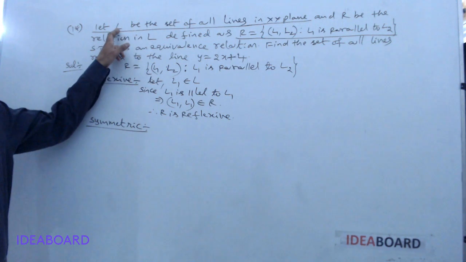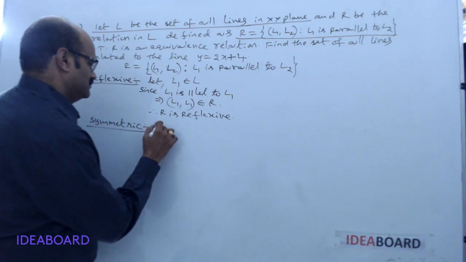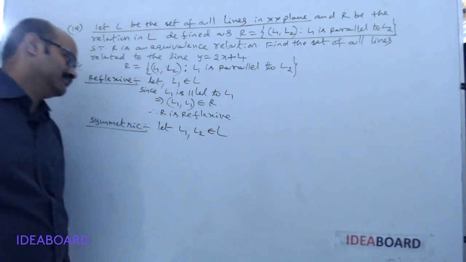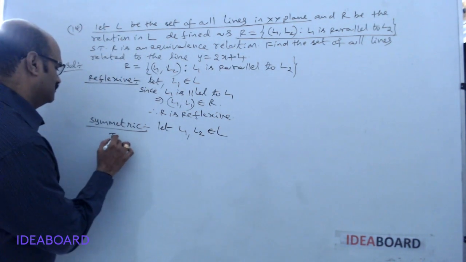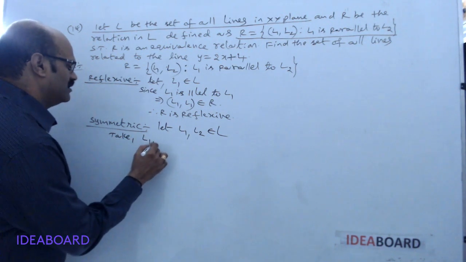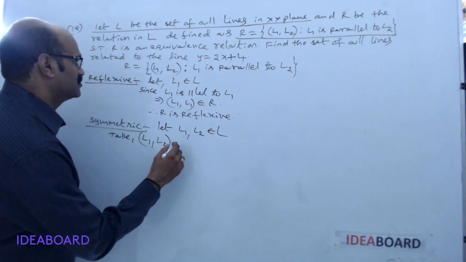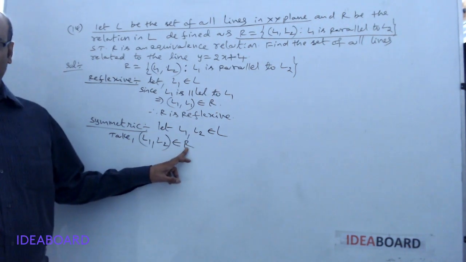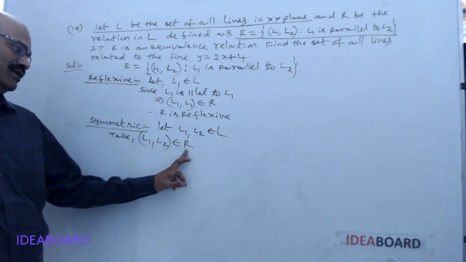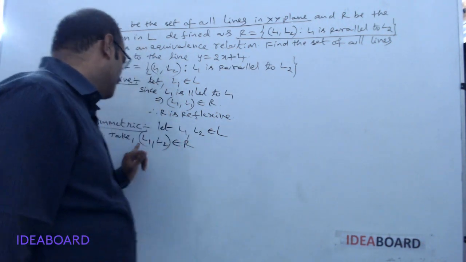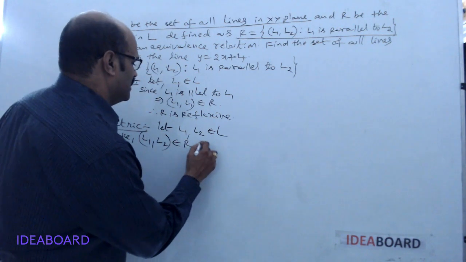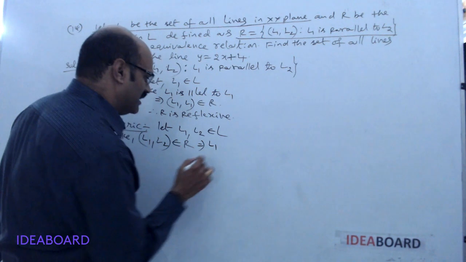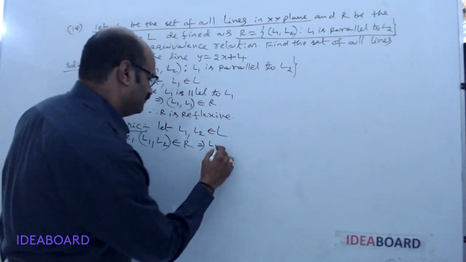Let L1 comma L2 belongs to L. Take L1 comma L2 belongs to R. Now we have to prove that L2 comma L1 belongs to R. Whenever L1 comma L2 belongs to R, we say that L1 is parallel to L2.